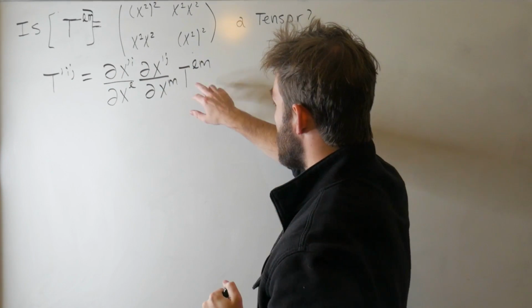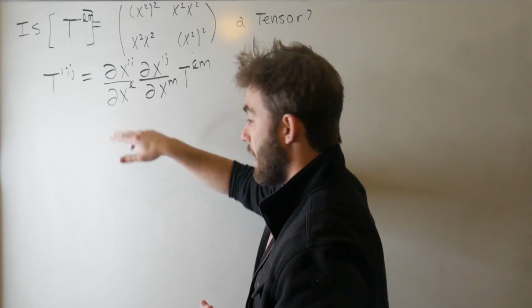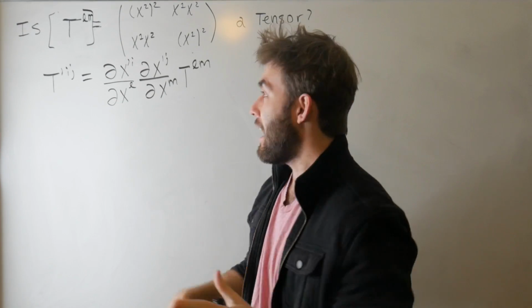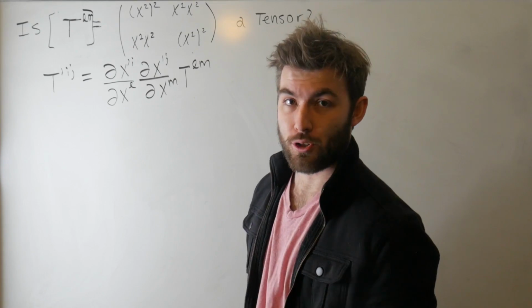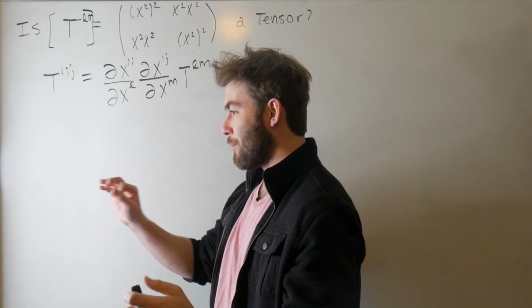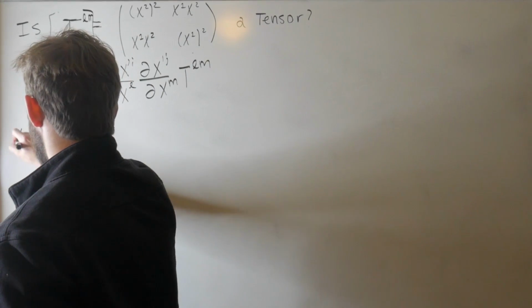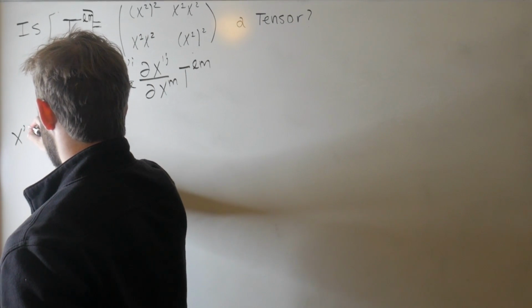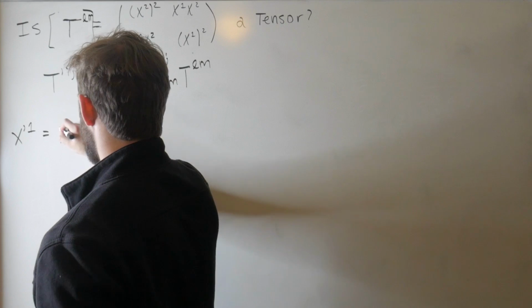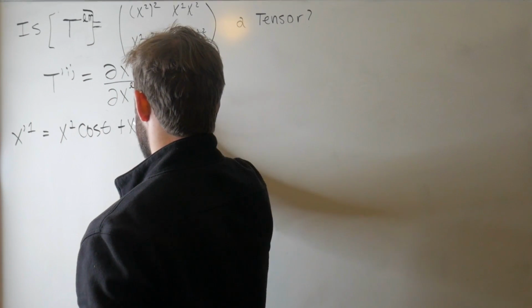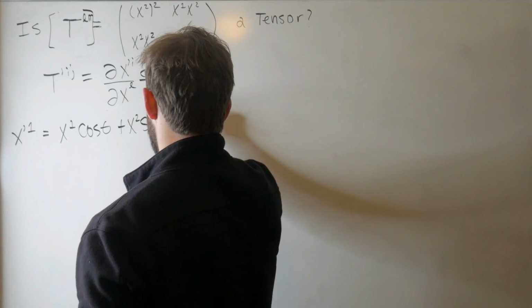Cool, so this is how a two-index tensor should transform, and we're limiting ourselves to orthogonal transformations, so let's see how it transforms under rotations. And we know how Cartesian components of vectors transform under rotations. We just get x prime 1 is equal to x1 cosine theta plus x2 sine theta.